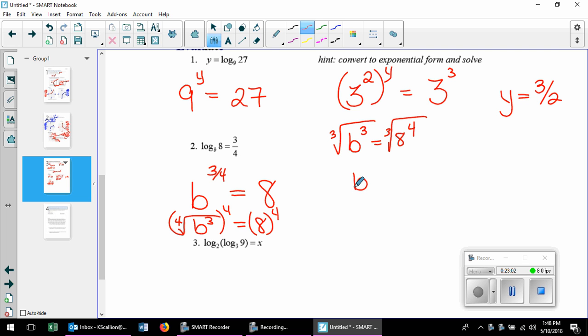So now I got b equals the cube root of 8 to the exponent 4. This isn't hard. We're going to do it without a calculator. It doesn't matter what order you do them in, whether you do roots or exponents. So what would I do first? I cube root it, because what's the cube root of 8? So it's 2 to the exponent 4.